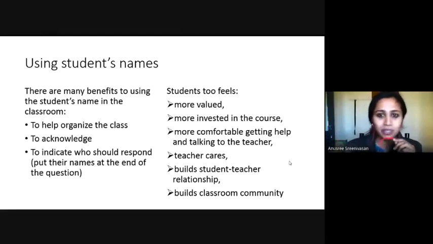It is better we learn their names first, if we have an ice-breaking session and all. It helps to acknowledge them. Like if somebody has done anything or somebody has given a good answer, it helps to acknowledge and to indicate who should respond. If we have a question, we ask them the question and put their names at the end of the question.